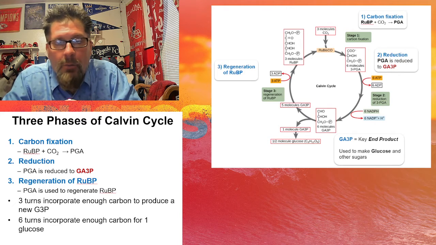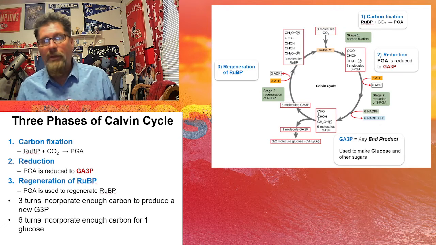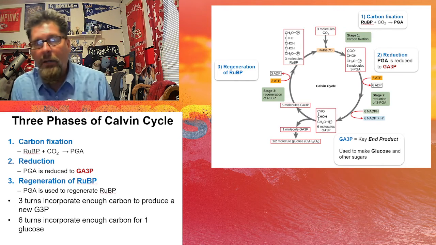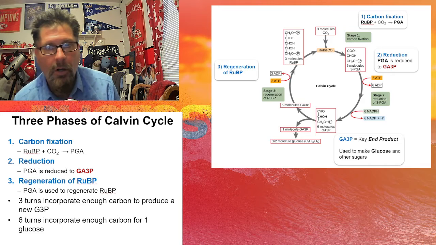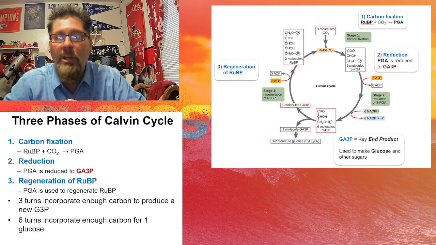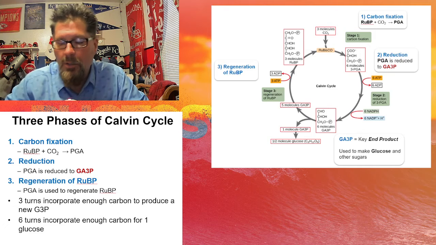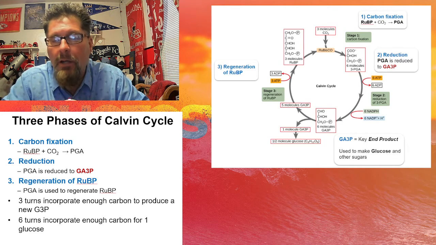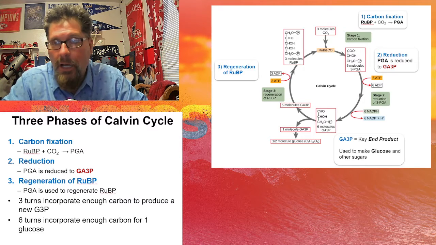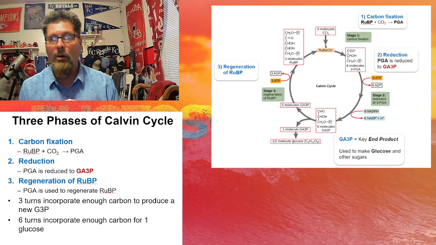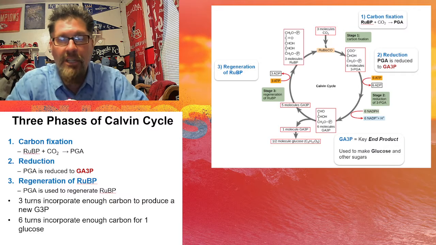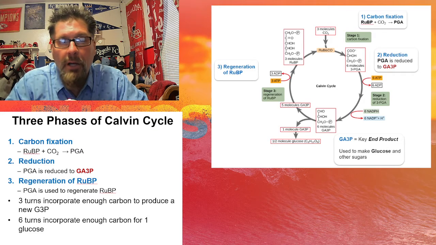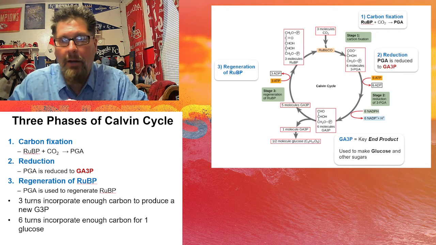You can see that downward arrow put off to the side, and then we use what remains from that point on to rebuild the RUBP to get ready for the next cycle. So we make a little bit, and then we put it off to the side. Make a little bit, put it off to the side, and connect it as it moves along. But it's the idea of 6 spins. Each spin, a carbon gets added, an oxygen gets added, and 2 hydrogens get added.